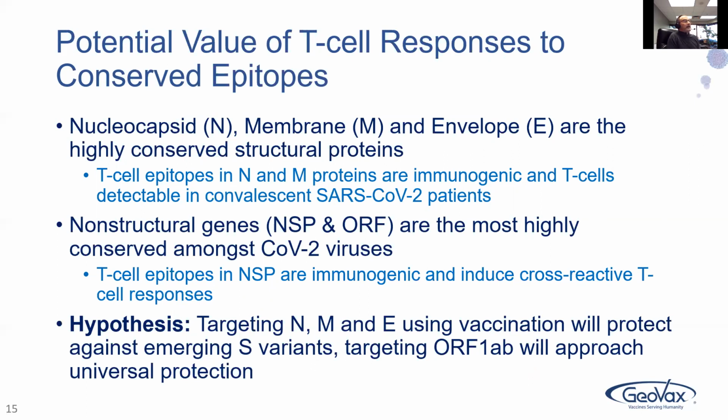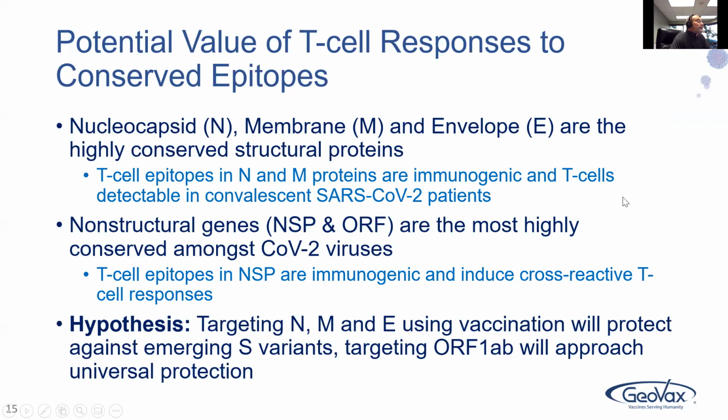Nucleocapsid, the N, membrane M, and envelope proteins are all highly conserved structural proteins. We know that these proteins have epitopes that are immunogenic in people, and in fact, T cells are detectable in convalescent SARS-CoV-2 patients. So there's a cross-reactive level of response.